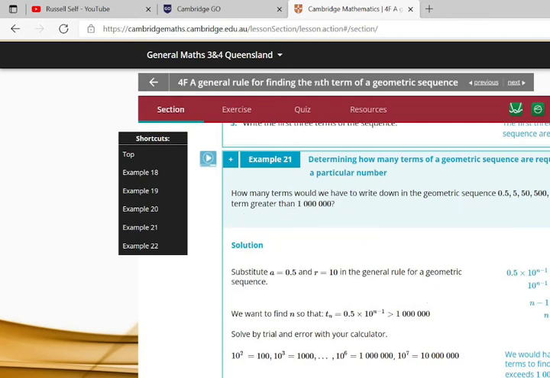I'm sorry, we're going to double it, because we're dividing by a smaller number than 1. So when you double that, you're going to get 10 to the n minus 1 equals 2 million.